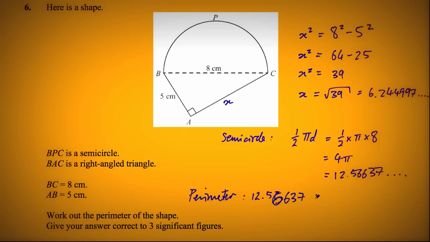56637 plus 6.24499, which is this length here, x plus 5, the remaining side of the triangle, and that equals 23.8113606.